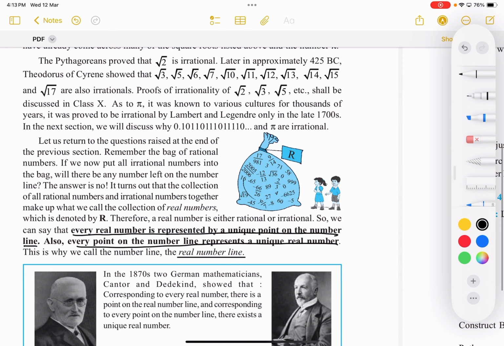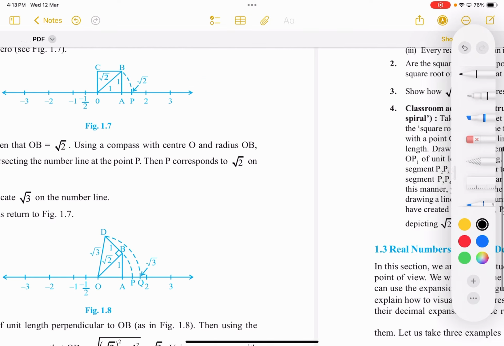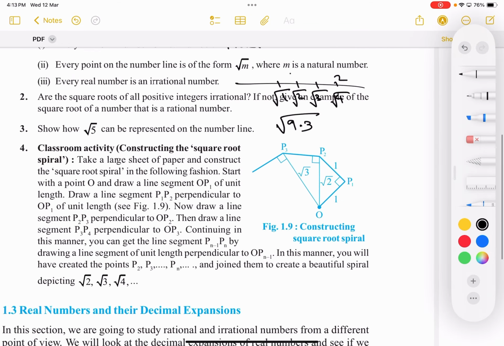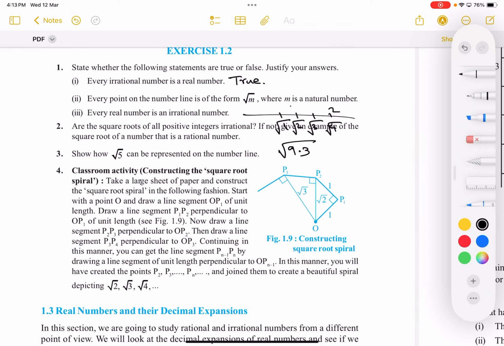But can you represent all the values in terms of root? Yes, for perfect square numbers: root 9 is 3, root 4 is 2. The other numbers are non-perfect square numbers, which you can also represent.